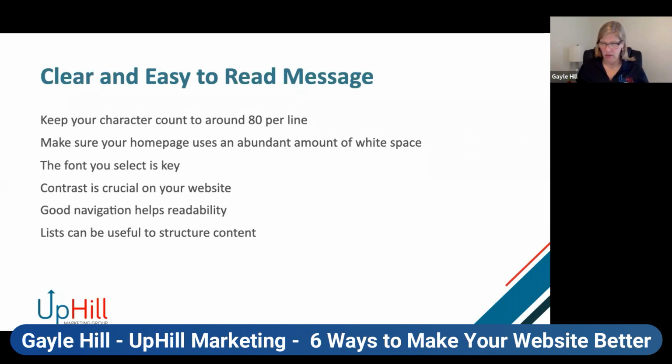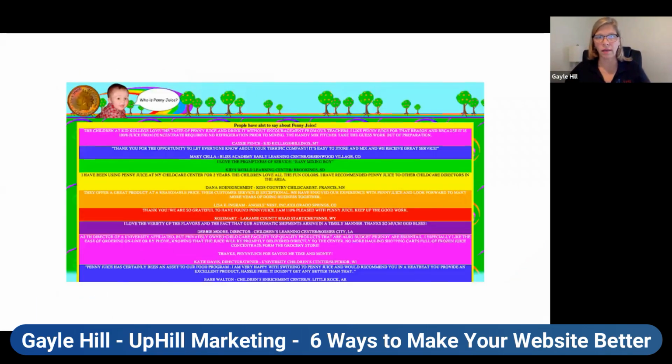Let's see, what else? Oh boy, this next one is an example of what not to do with your website. They've done just about everything wrong here. Keep your character line to around 80 per line. No, they didn't do that. Their homepage does not have an abundance of white space.